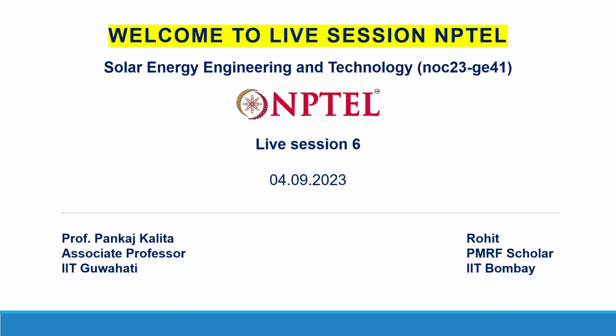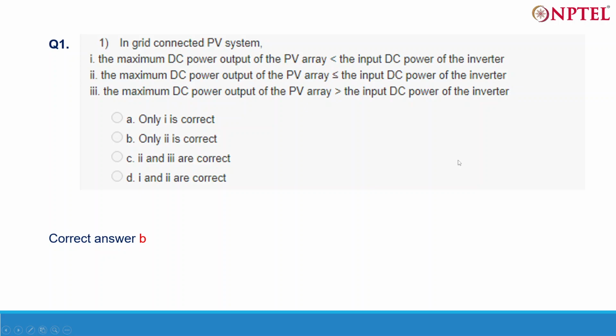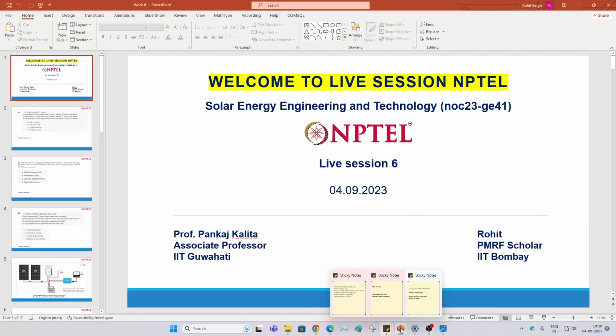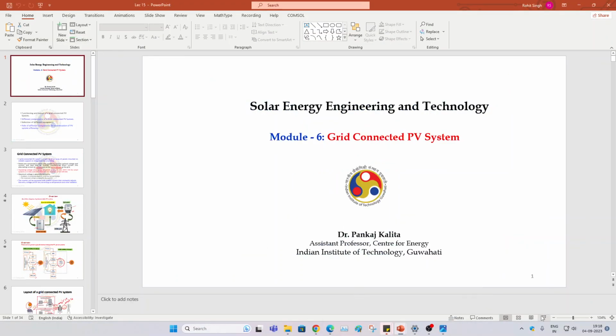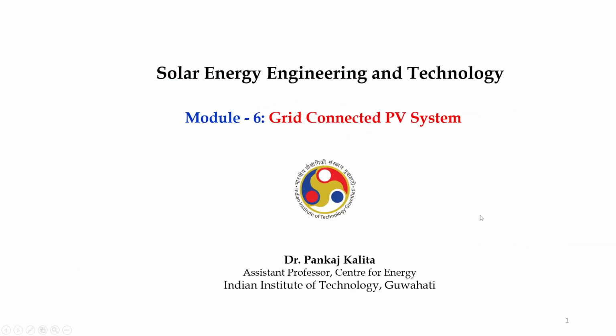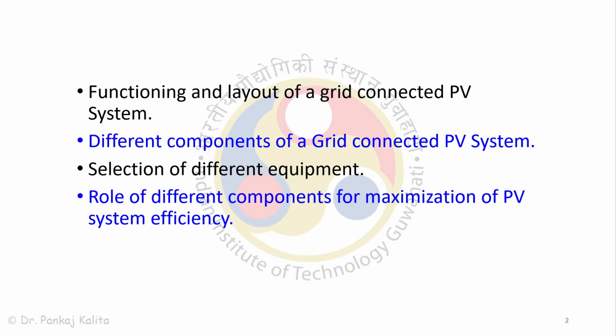Okay, so I'm starting this session. Let me first have a recap of what was taught. In the previous week we were talking about standalone systems. So what are standalone systems?